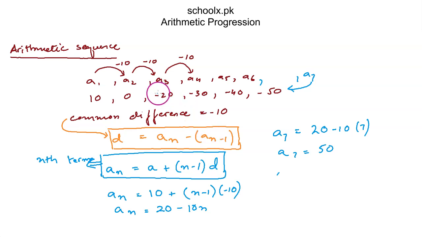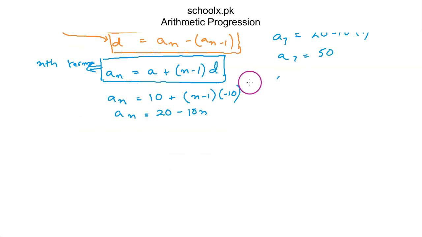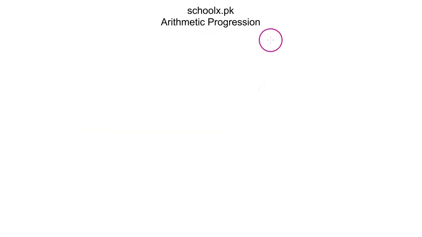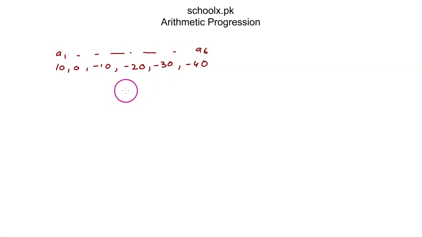Now let's say I want to find the series of the sequence up till the sixth term. Now I'm going to write the terms again. My terms are 10, 0, negative 10, negative 20, negative 30, negative 40, up till sixth term, A1 to A6. Now I want to find the series of this arithmetic sequence.